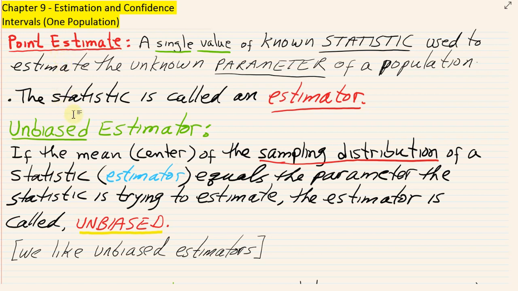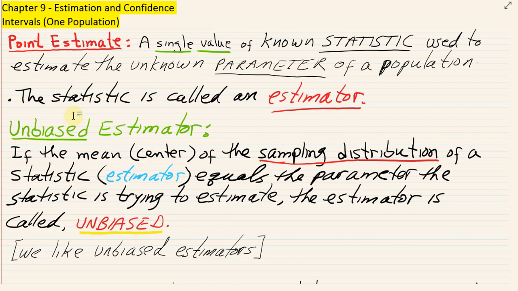Now, the statistic that we use is called an estimator. Our estimators are of two types. They're either biased or unbiased estimators. The unbiased estimators are those whose sampling distribution is centered at the parameter. Remember, these estimators are statistics, so they are random variables because they change from sample to sample.